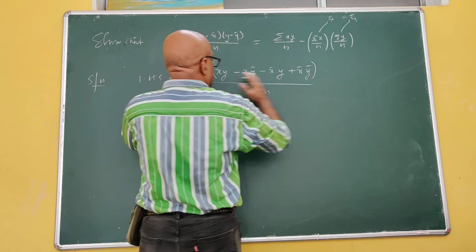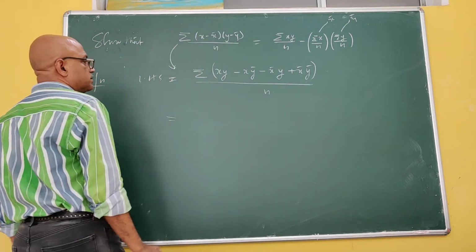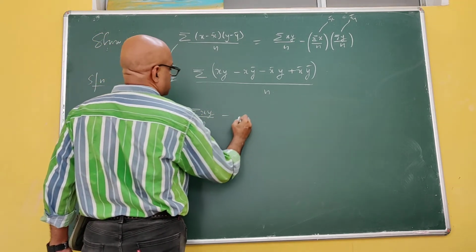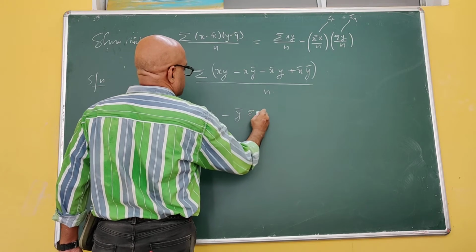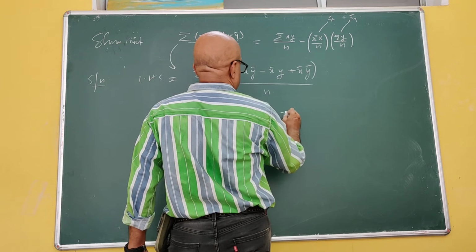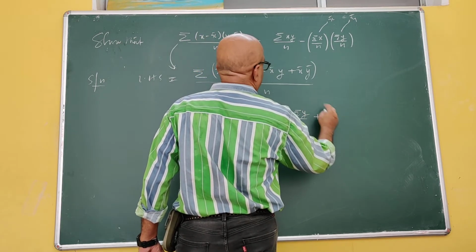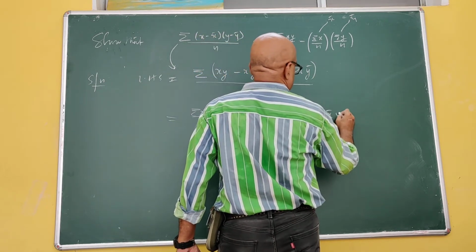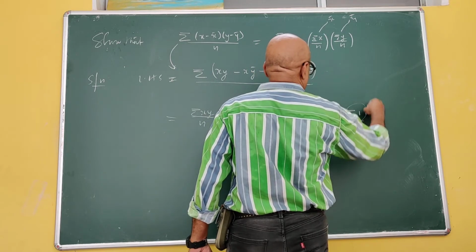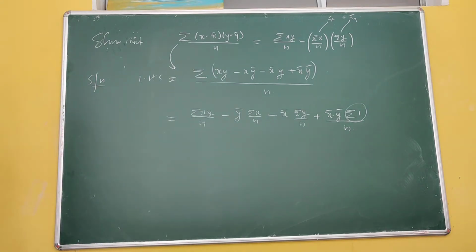As I said, summation can be spread out, multiplication no. So xy divided by n, minus y bar, a constant, times summation x divided by n, minus x bar, a constant, times summation y divided by n, plus summation of the constant x bar y bar, divided by n. Adding 1 n times becomes n.